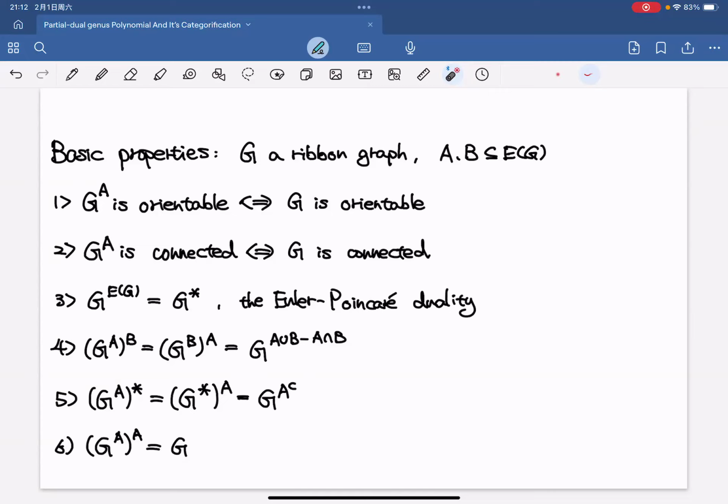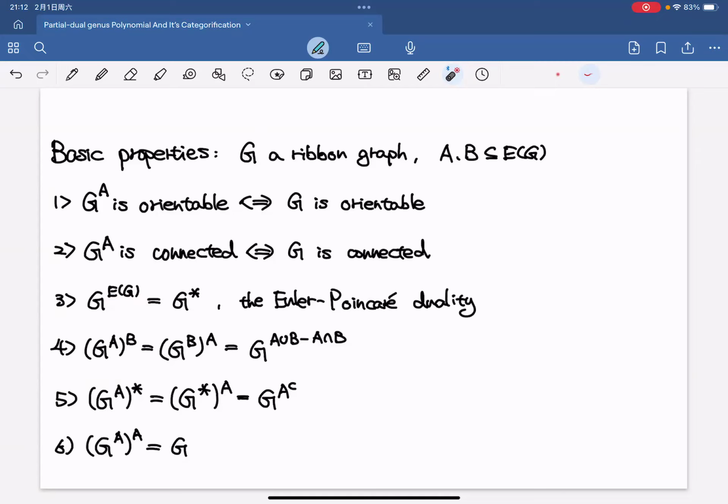And the partial dual is connected if and only if the original ribbon graph is connected. And in particular, if we choose the subset to be the whole set of edges, so we just choose A to be E(G), now we can recover the classical Euler-Poincaré duality.